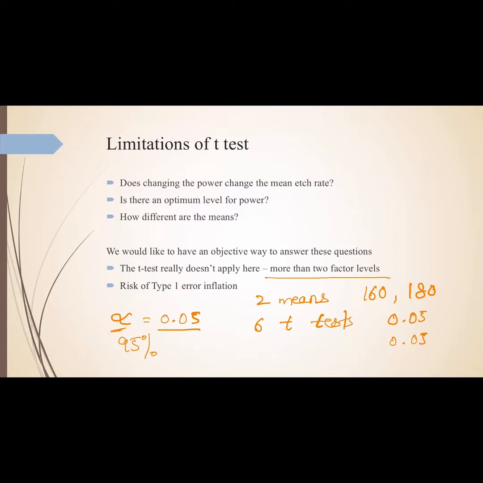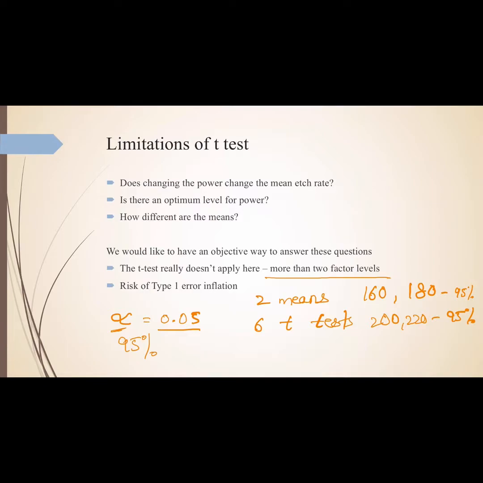Or to put it in another way, we have to be right 95% of the time here, right? And same thing for a different power setting, say 200 and 220, we have to be right 95% of the time, right? So we have to be right 95% of the time in all the six combinations.